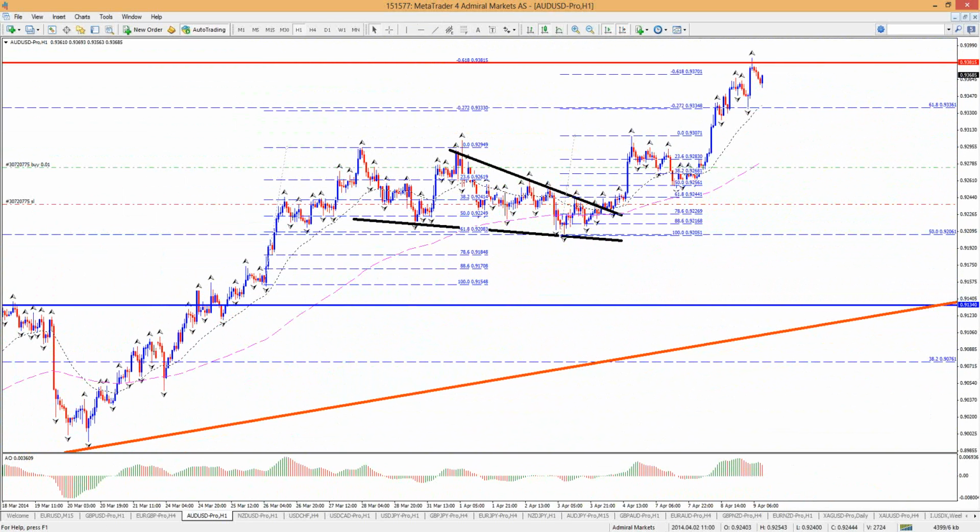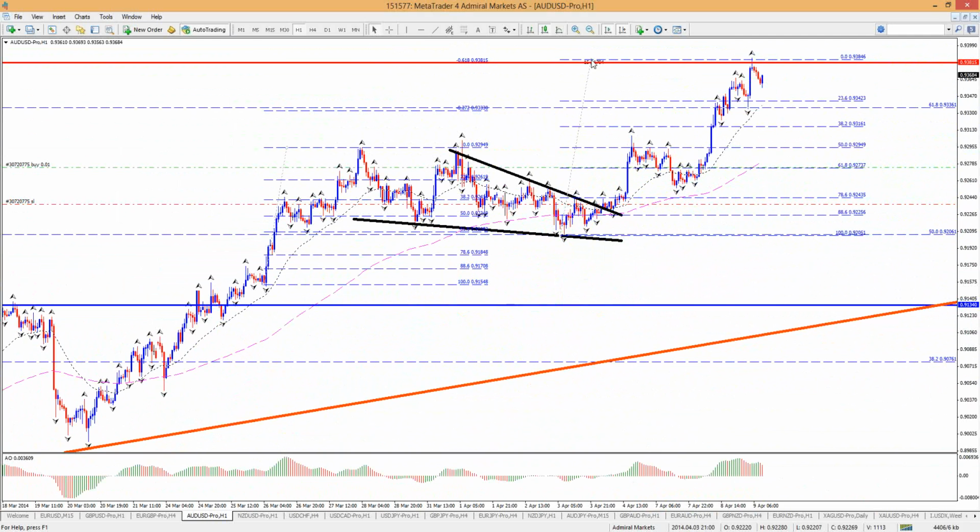All right, so that was 61.8 to minus 61.8. So the new fib is from this bottom to top. This is the new fib. Technically speaking, this is the new 1 hour fib.